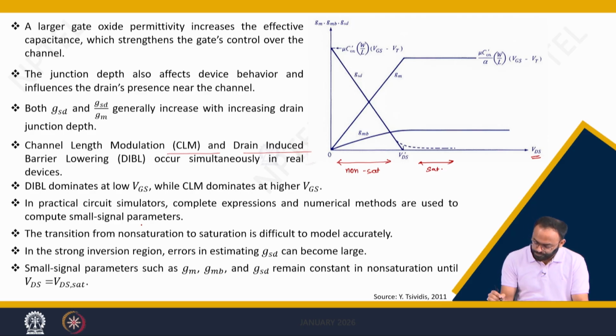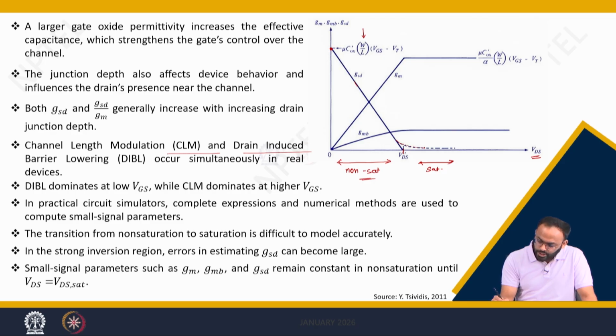Then we find that in the non saturation region GSD is higher, right, and when VDS is equal to 0, GSD can be given by mu into Cox into W divided by L into VGS minus VT. But beyond this point, when the device enters into saturation, my GSD goes to 0.